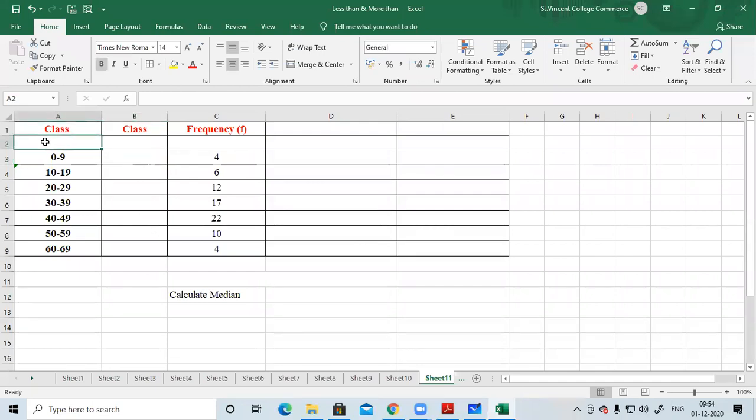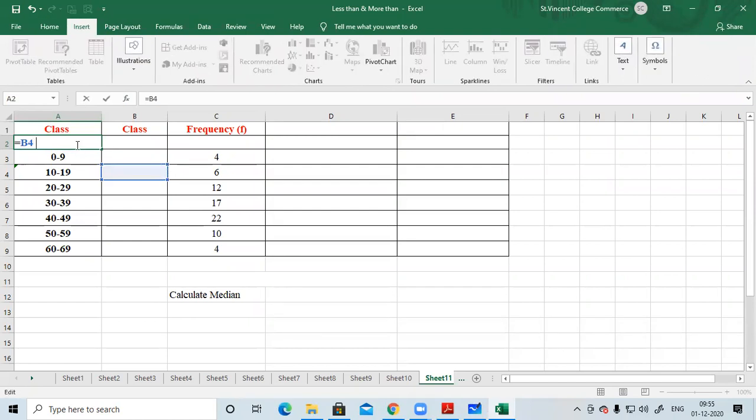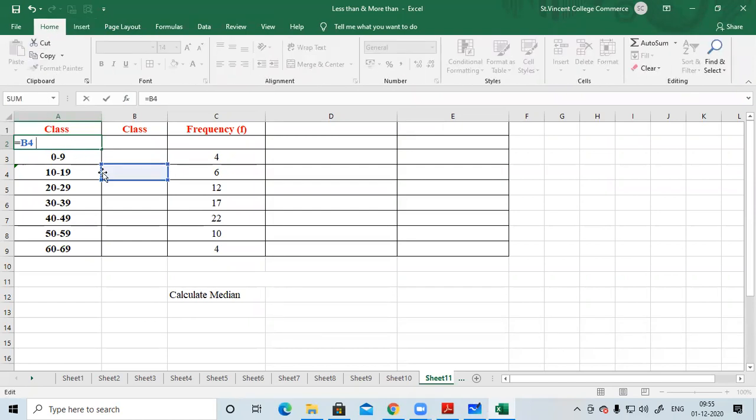How to do continuous classification is from the right hand side and the left hand side. From the left hand side, you do minus 0.5. And on the right hand side, you will do plus 0.5.